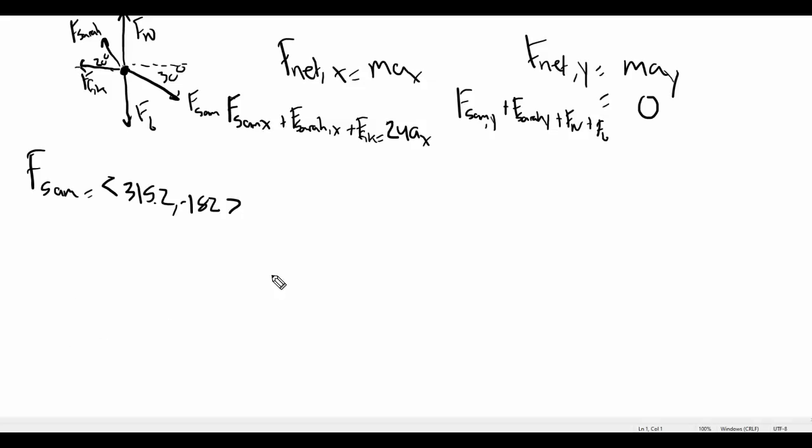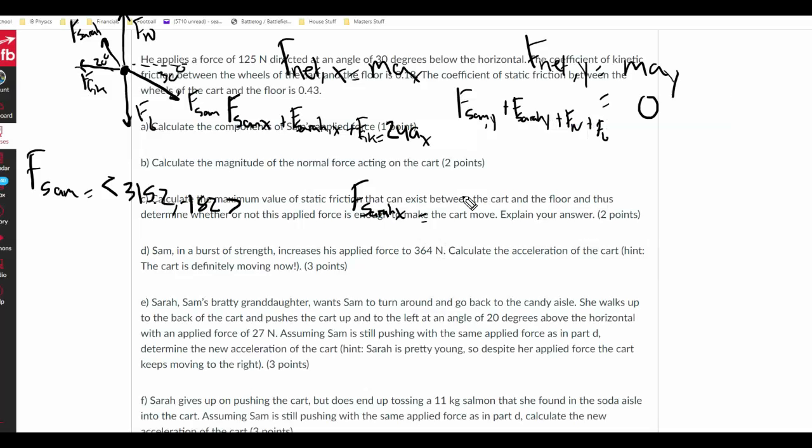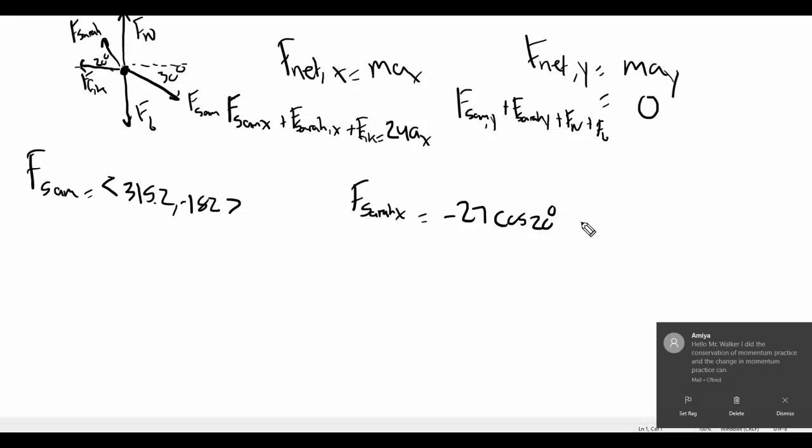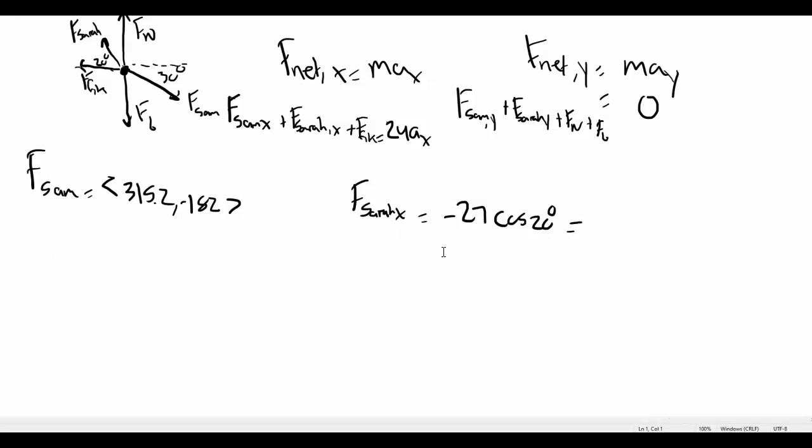F Sarah, I can find the exact same way. F Sarah X would be, let's see, Sarah is pushing with an applied force of 27 newtons at 20 degrees. So that would be 27 cosine 20 degrees, but she's pushing up and to the left, so because it's to the left, there is a negative sign there.